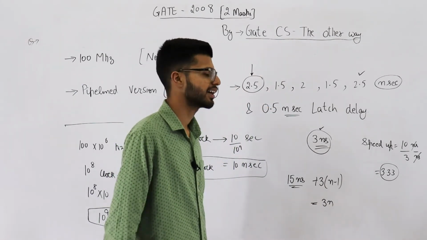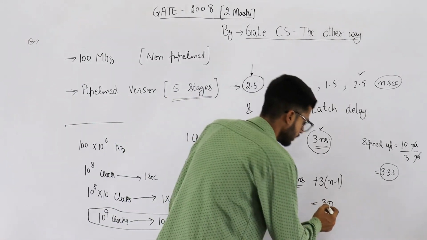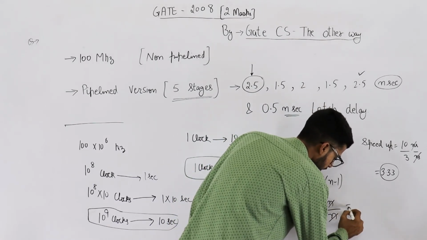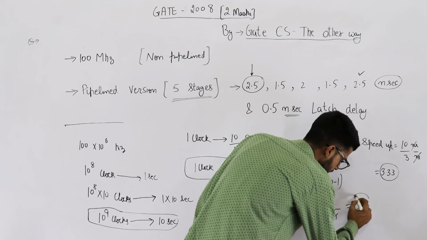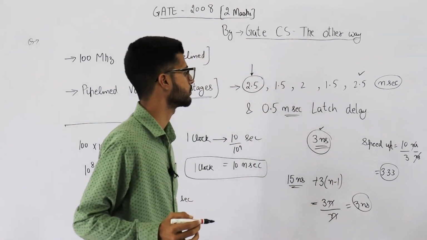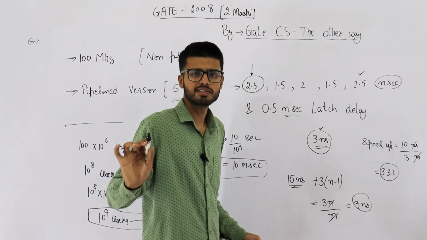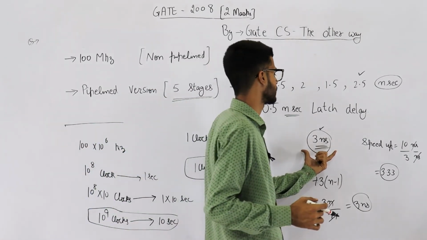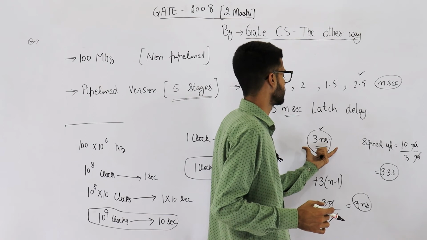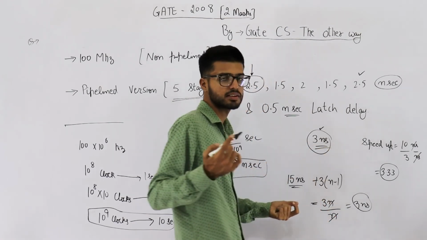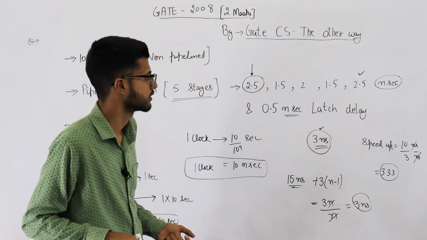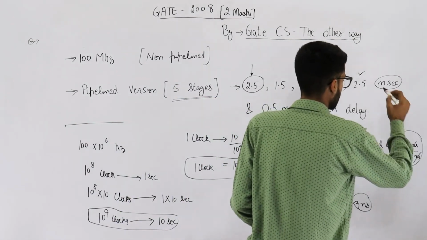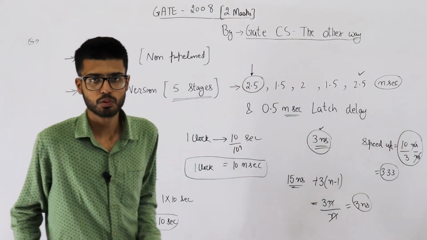Now calculate the time required for one instruction. You just divide it by n, and you are left with 3 nanoseconds. So for very large number of instructions, you can simply say CPI is equal to 1 and one clock takes 3 nanoseconds. That means one instruction also takes 3 nanoseconds. So that's how I got this. Your answer is 3.33.